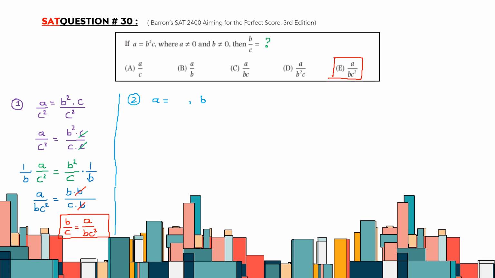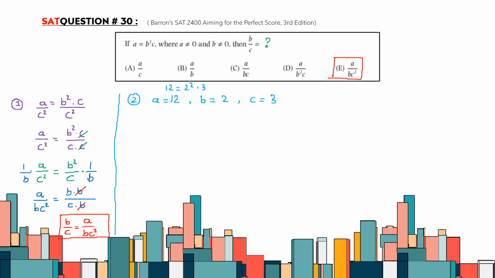So let's do B equal 2, and C equal 3. If we have 2 squared is 4 times C is 3, 4 times 3 is 12, so A is 12, okay? That makes sense, because 12 equals 4 times 3.